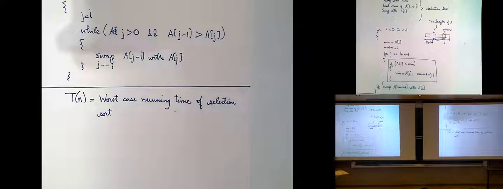Good. So okay, let's start with that. So you have to count the number of operations it makes in the worst case. How are you going to break this up into something that you can reason about? Yeah? Break it up by loops. Okay, good. So there are two loops, right? There's an outer loop and there's an inner loop.